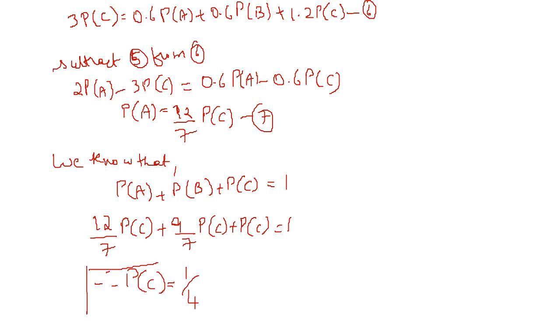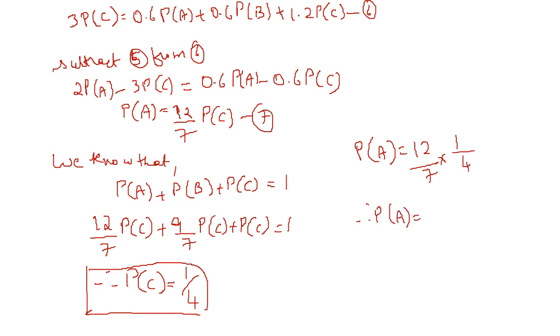So we have got one of the state probabilities. Now we know that P of A is 12 by 7 times P of C, which is 1 by 4. Therefore, P of A equals 3 by 7.